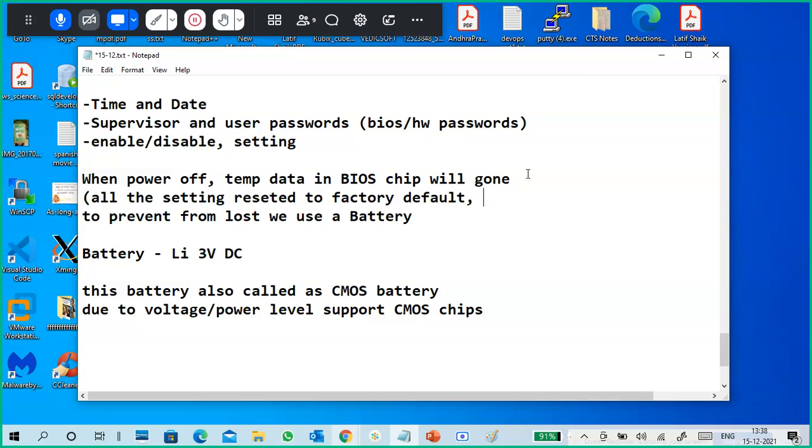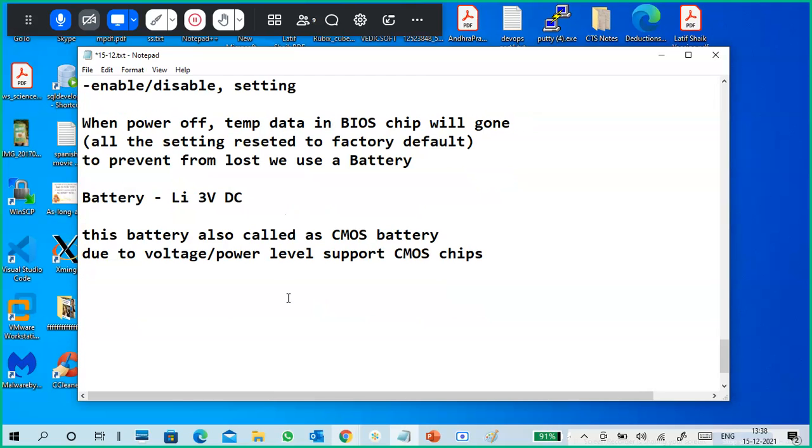That is the problem. To prevent the loss, we use a battery. The battery keeps the data alive and runs for a very long period. Once you put a battery in, it will give you 3 to 5, 6, 7 years, depending upon your system. More than 3 years is guaranteed.